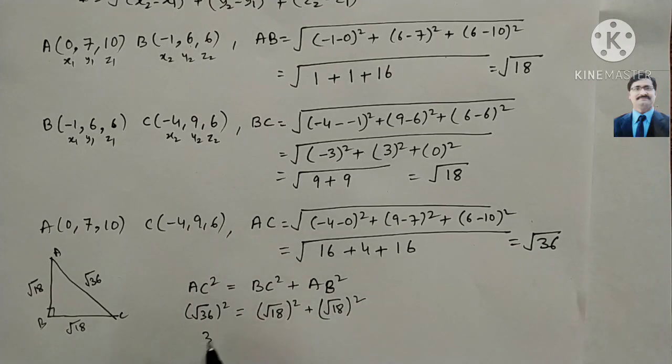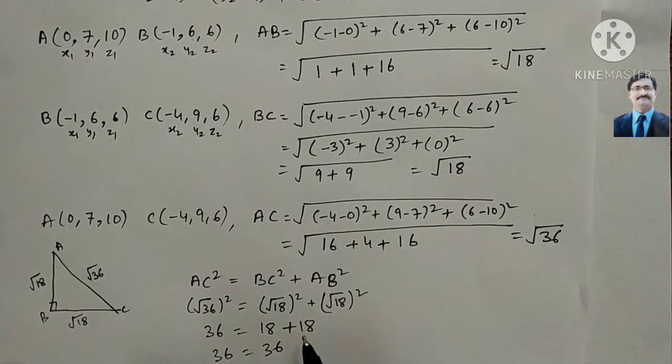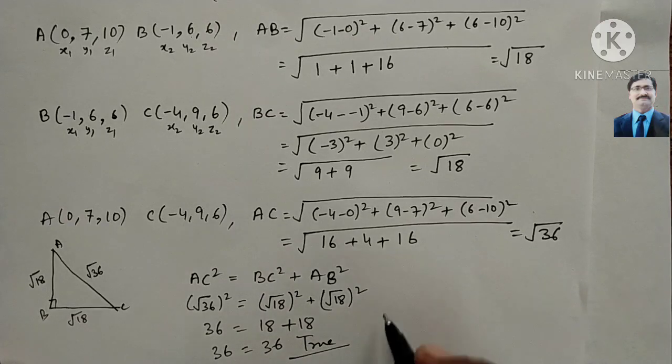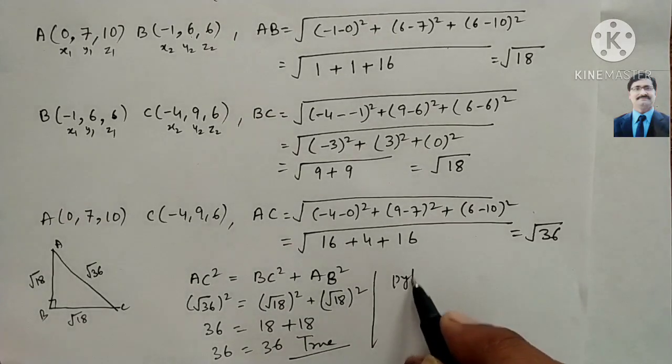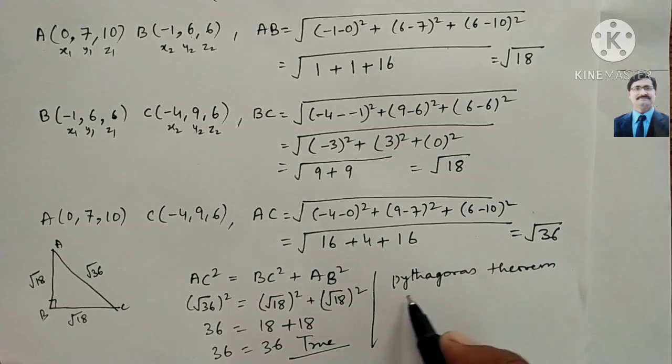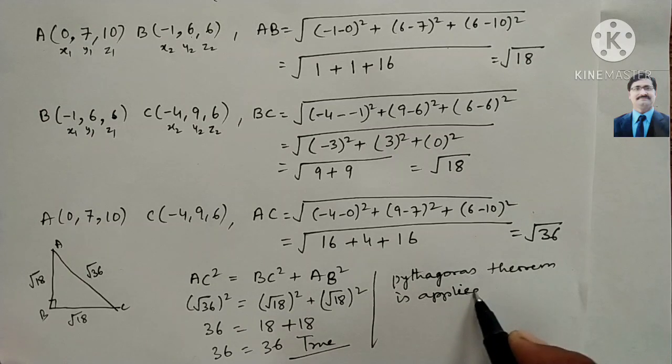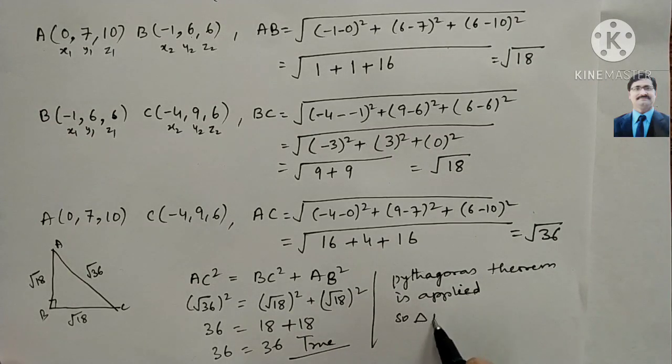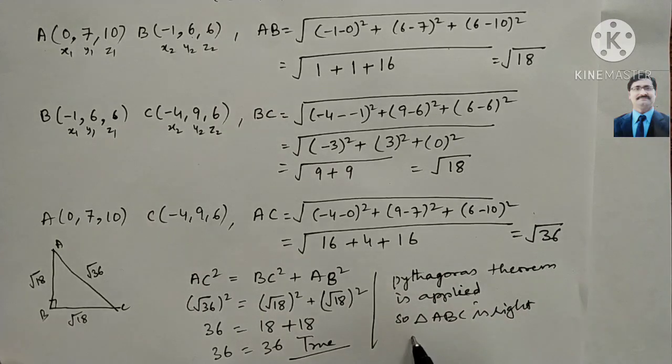So we will get here 36 equal to 18 plus 18, and this we get 36 equal to 36. It is true, we get true means we can say that Pythagoras theorem is applied. So we can say triangle ABC is right angled triangle. All of you understand this?